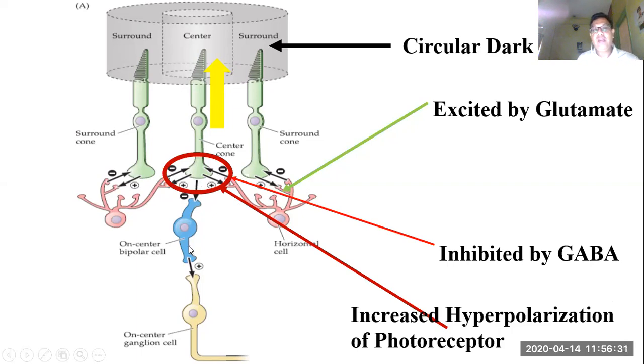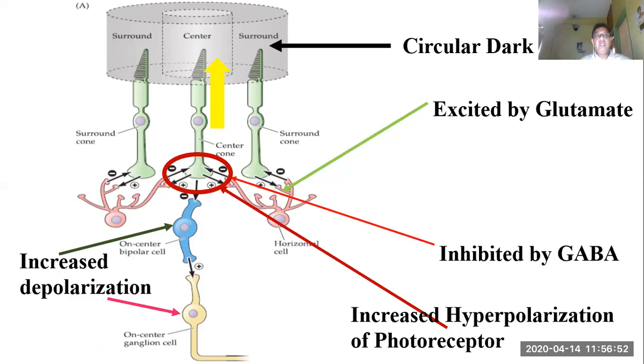This lack of glutamate will increase the on-center bipolar cell depolarization. So this bipolar cell will be depolarized to a great extent. Its activity will increase, its neurotransmitter amount will increase, and therefore increased depolarization of the on-center bipolar cell or the on-pathway bipolar cell, and thereby the on-center ganglion cell.